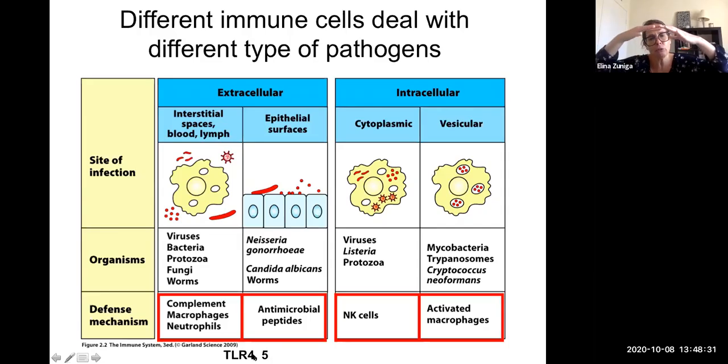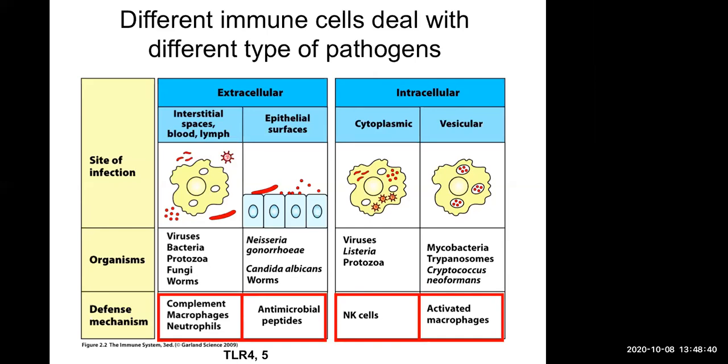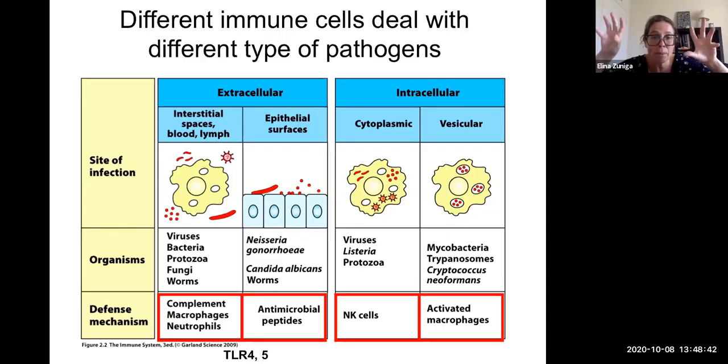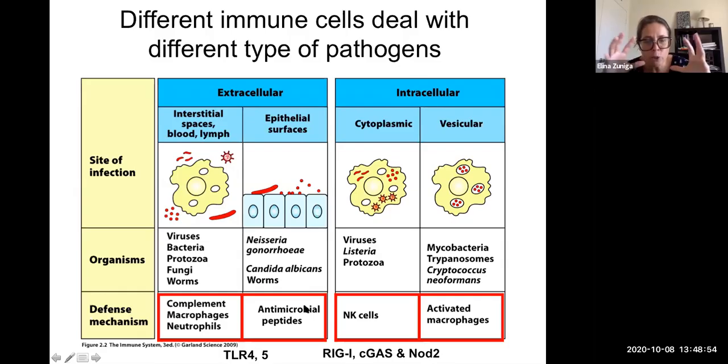Obviously, the pathogen recognition receptors localized on the surface of the cell, in the plasma membrane, are more suitable to recognize and bind extracellular microbes. So toll-like receptor 4 and toll-like receptor 5 can sense extracellular microbes, although this is not absolute, this is in general. The cytosolic pathogen recognition receptors like RIG-I, cGAS, or the NOD-like receptors are more suitable to sense intracellular pathogens.